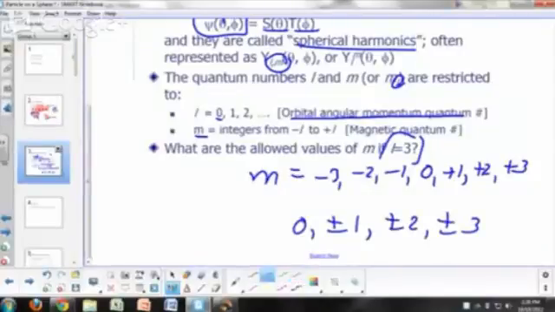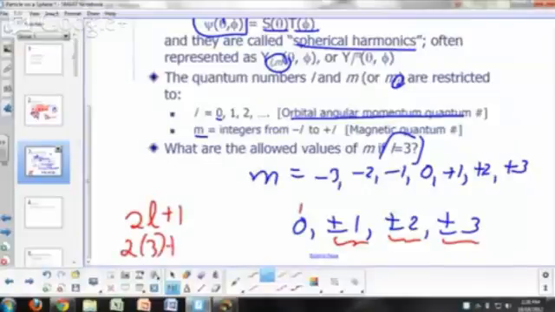You'll notice you have three pairs of pluses and minuses and a 0. So you can say there are 2L plus 1 possible m values. 2 times 3 plus 1 is 7: 1, 2, 3, 4, 5, 6, and 7. 7 possible m values for a given L value.